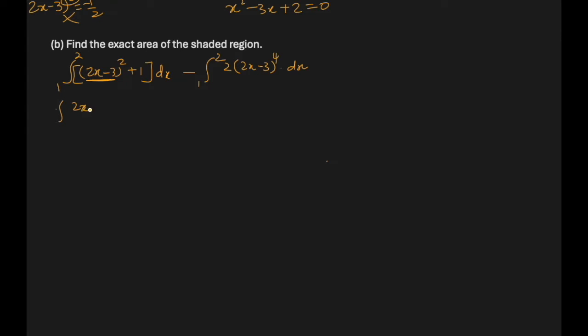It will be (2x − 3), whatever is inside the bracket, and then we will add 1 to the exponent and divide by the same exponent. Further we will divide by the differentiation, not integration, differentiation of this. Differentiation of −3 is 0, so ignore it. Differentiation of 2x is 2. Integration of 1 will be just x.